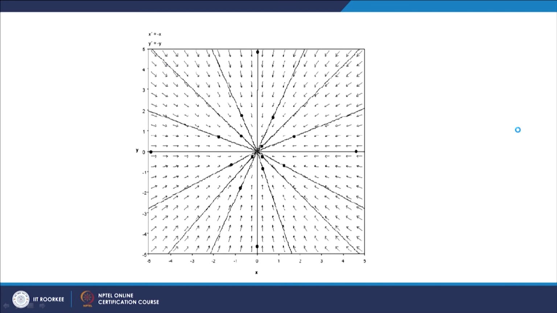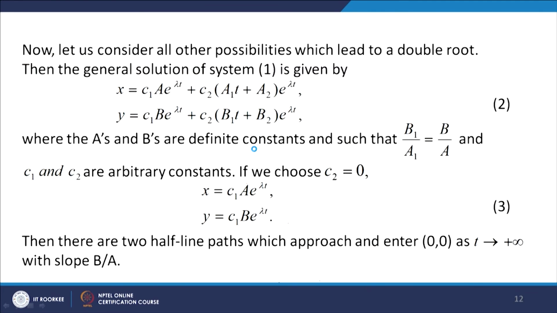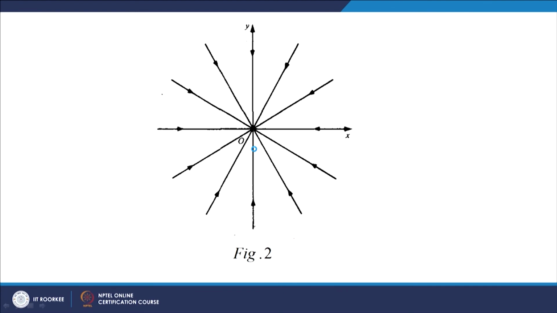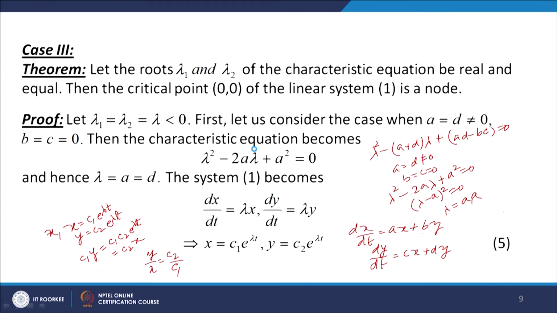And this is the figure. You can see the critical point (0, 0) is a node and it is asymptotically stable. This is the case of a star shaped node. Here we have a star shaped node, because for this star shaped node we had the assumption a equal to d not equal to 0, b equal to c equal to 0.